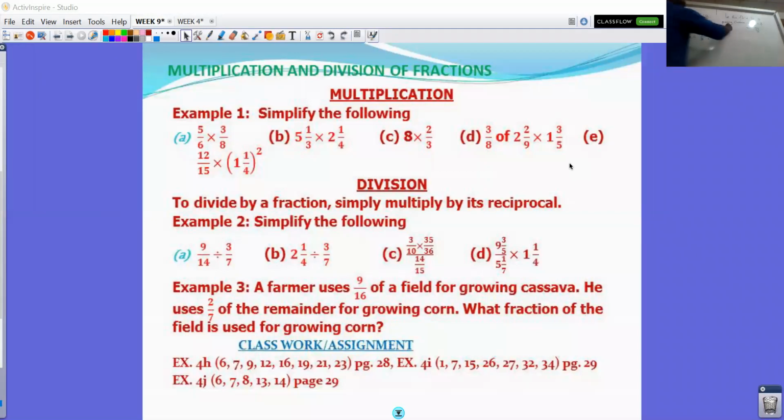So we need to find, after growing cassava, what is the remainder. The remainder will be the total field minus what he has used to grow cassava. He used 9y/16 for growing cassava.